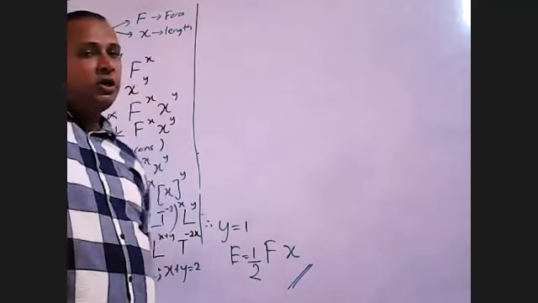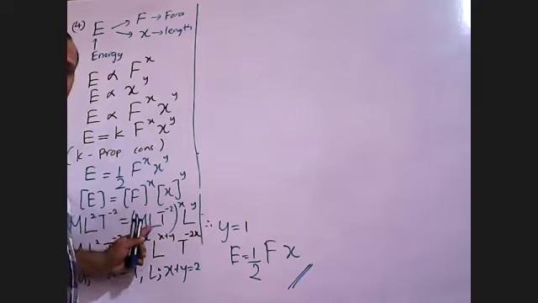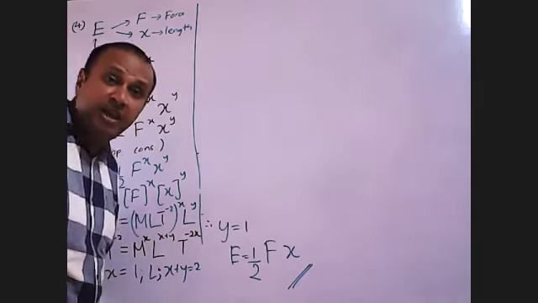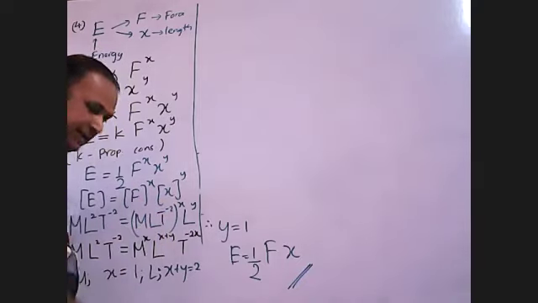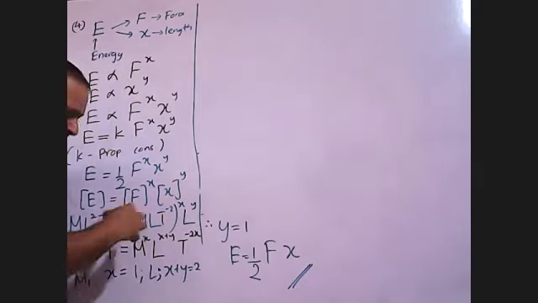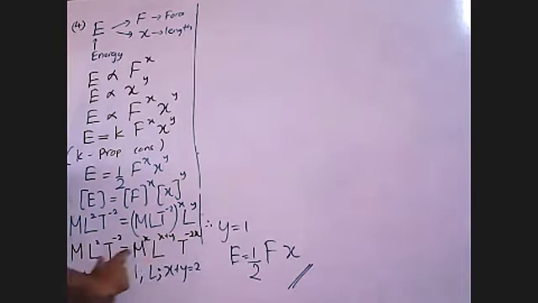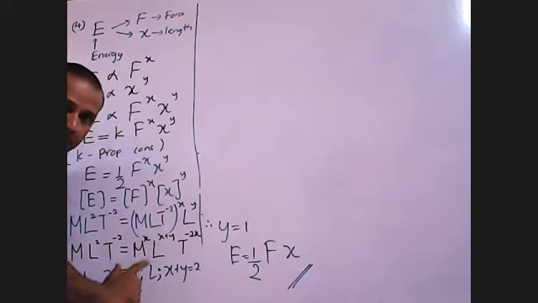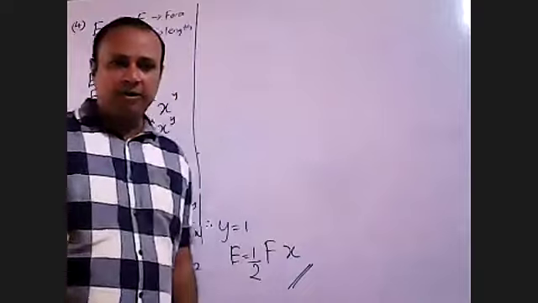Tell me another limitation. It is very clear when equating the powers of same bases. Look at this. When equating the powers of same bases, there are only 3 variables to equate.